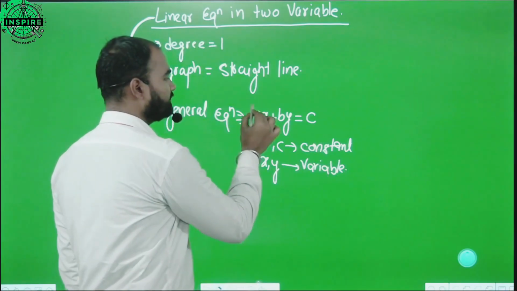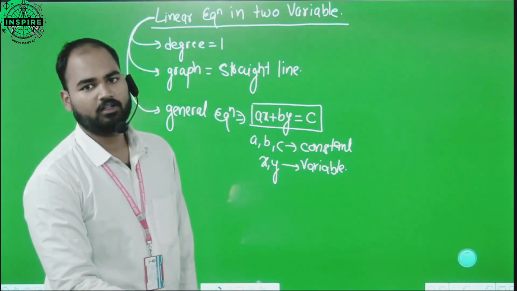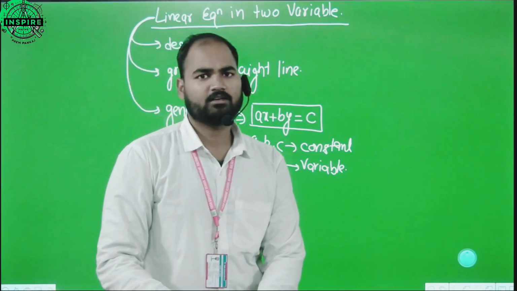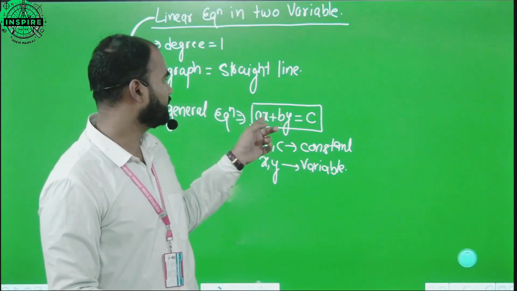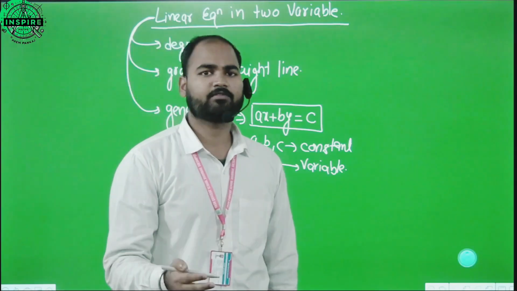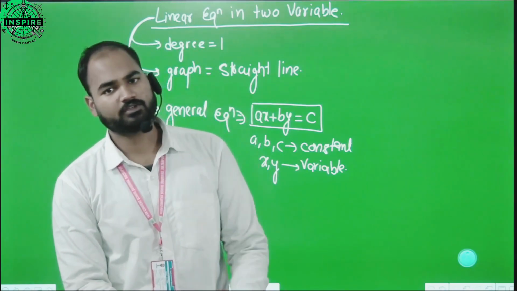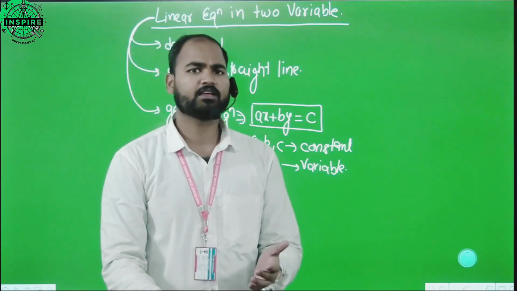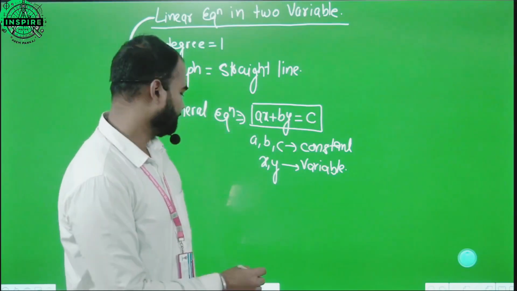So this is the linear equation in two variables, and we have to discuss three concepts: given the two equations in any problem, we have to find the solution, and the number of solutions, that is whether the equations give a unique solution, infinitely many solutions, or no solution. So we have to discuss only three points.